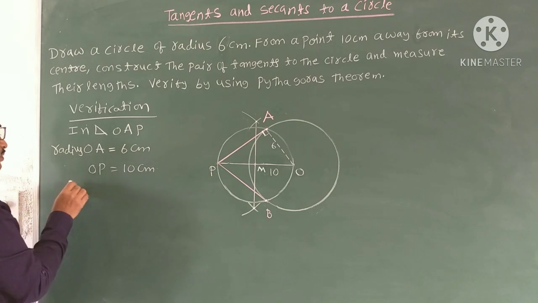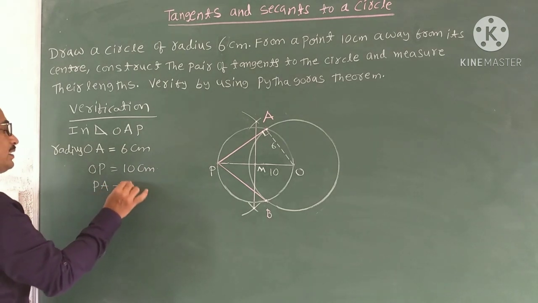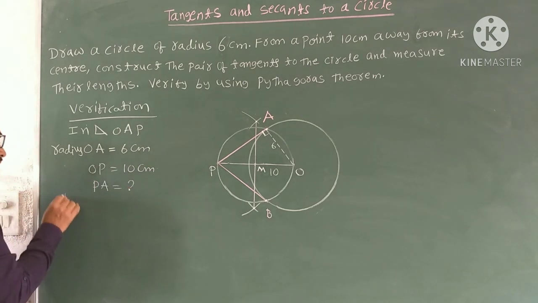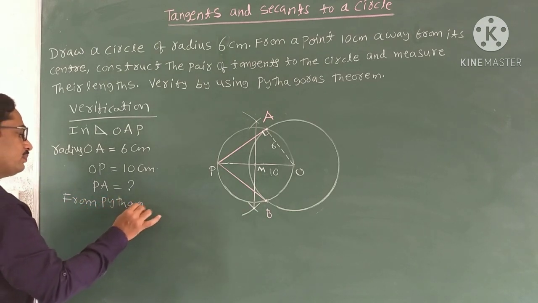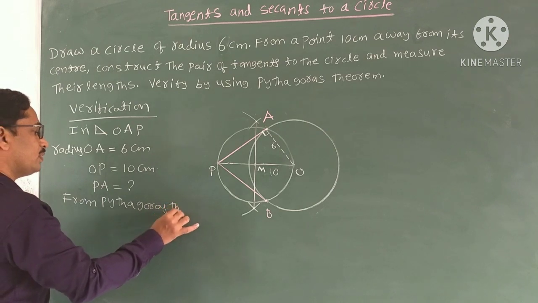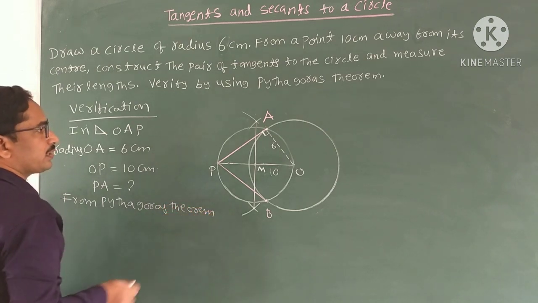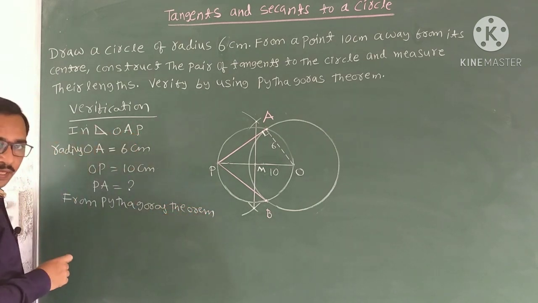So we have to find PA, the length of tangent PA. From Pythagoras theorem, apply the Pythagoras theorem for the right angle triangle OAP.